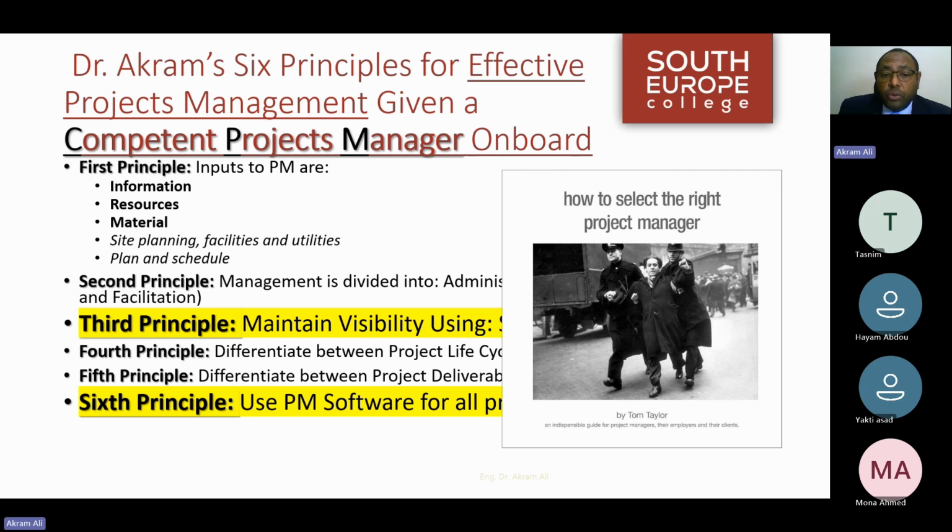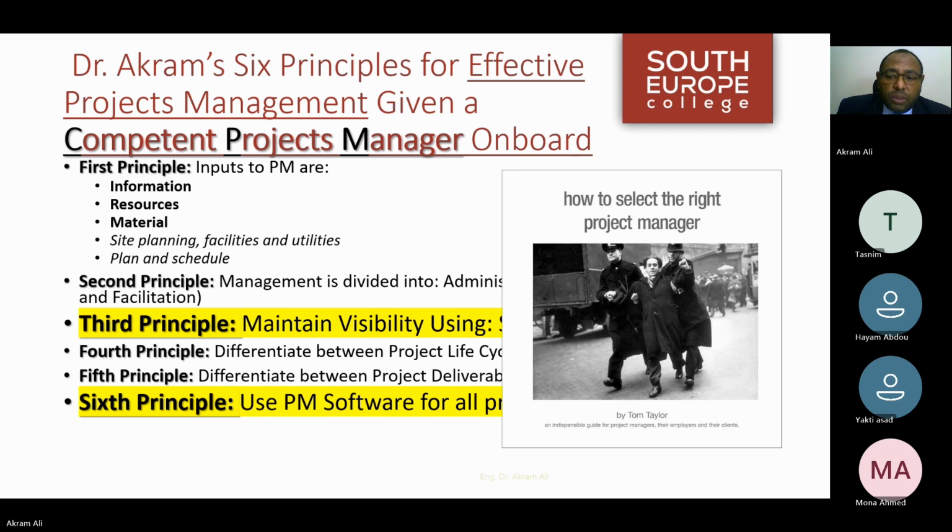However, when you have a competent project manager on board, and the competent project manager is applying a solid project management methodology, the chances of project success increases to 50%. Again, with budget overrun almost 50% and time more or less also affected.